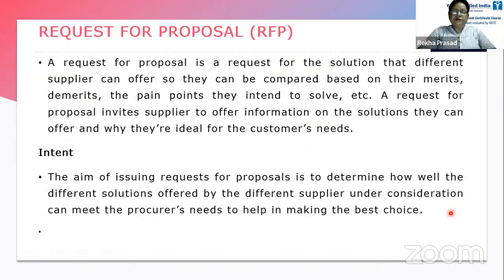The aim of issuing request for proposal is to determine how well the different solutions offered by different suppliers under consideration can meet the procurer's need to help in making the best choice. Then only you can make the best choice. आपके पास 3-4 suppliers नहीं रहेंगे, तो you will be left with no other option but to choose that person.